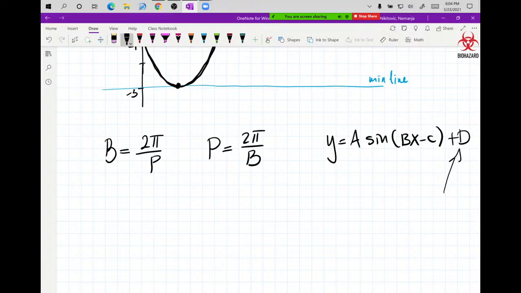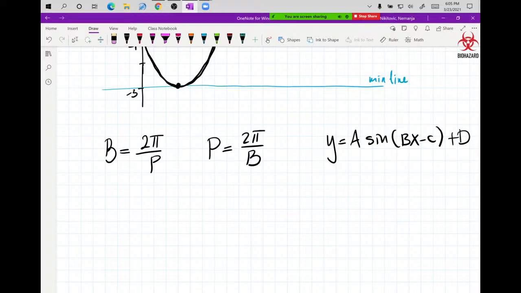So as much as it's clear that this d over here is what brings everything up and down, the parenthesis is a little bit more convoluted in this case because you actually have to factor b if you want to do some more advanced math. It's kind of hard to see that.